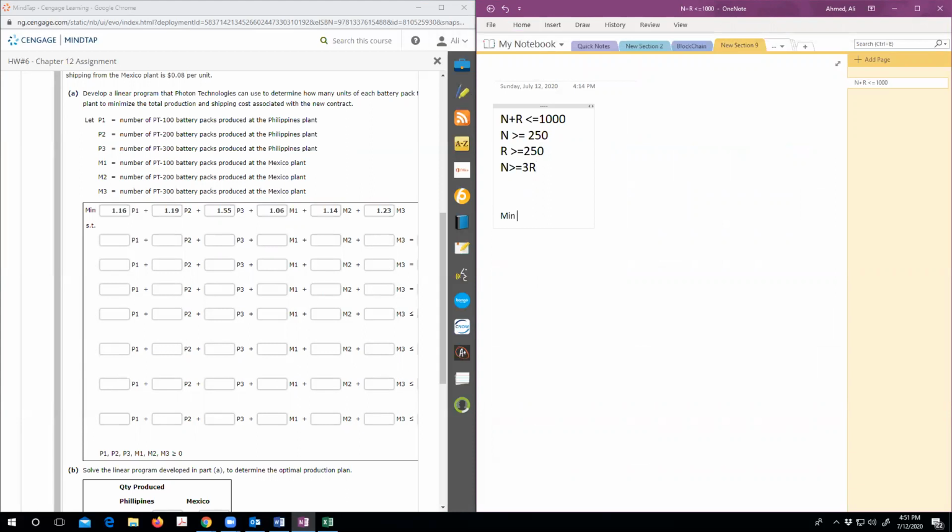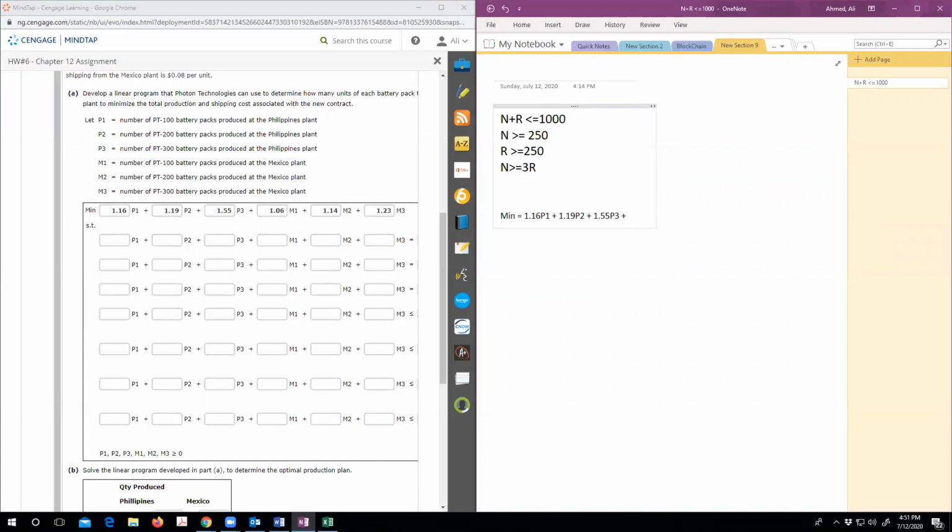I'm trying to minimize this thing with 1.16 P1 plus 1.19 P2 and 1.55 P3.